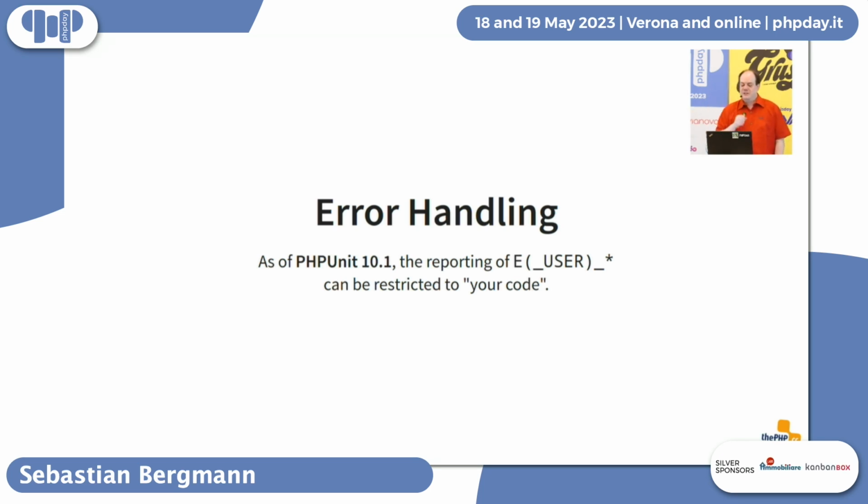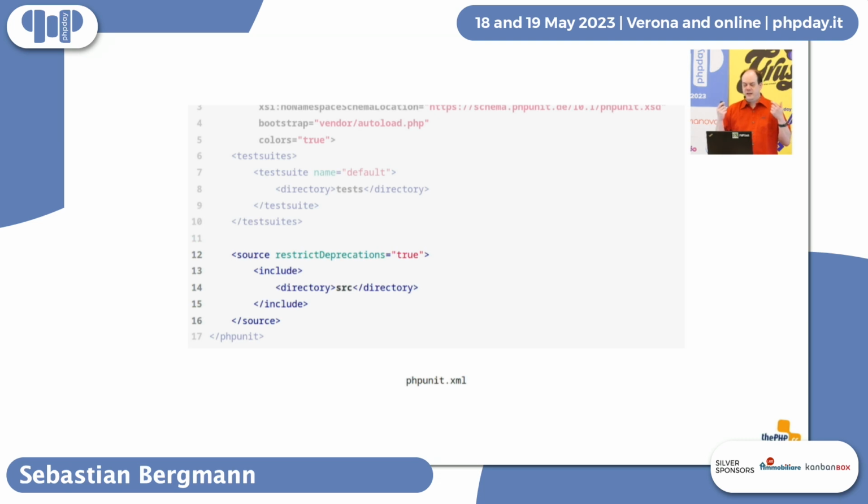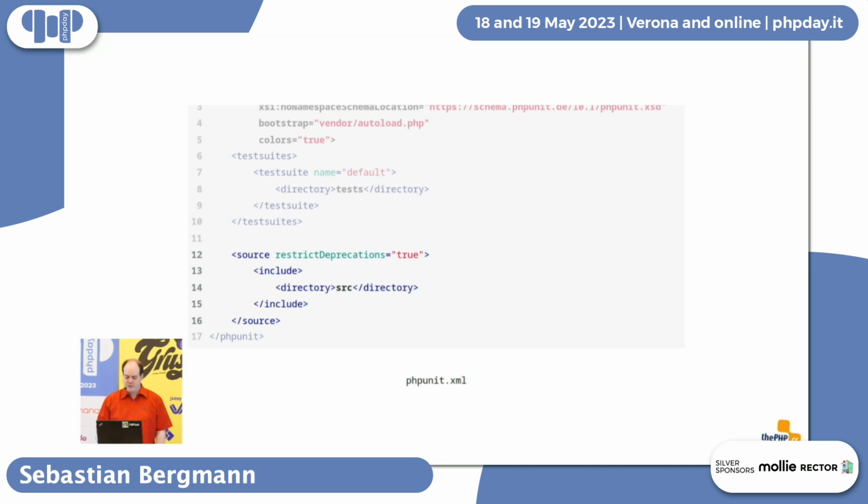So as of PHPUnit 10.1, the reporting of E_* issues can be restricted to your code. In your XML configuration file for PHPUnit, you can tell, hey, this is the code that I'm interested in. This is basically the evolution of the code coverage include list that you probably already had for quite some time.